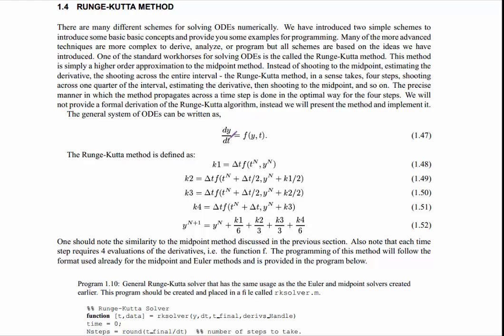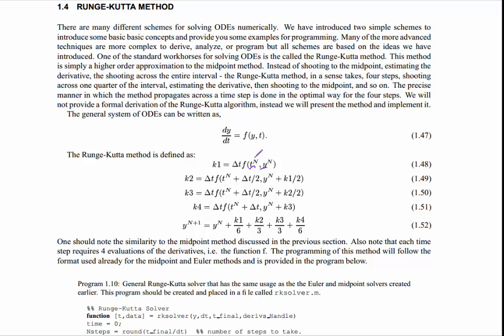Now we're not going to explain how this equation comes about, but you do need to know how this becomes implemented. So you start with Tn Yn, and you want to go to Tn plus 1, Yn plus 1.